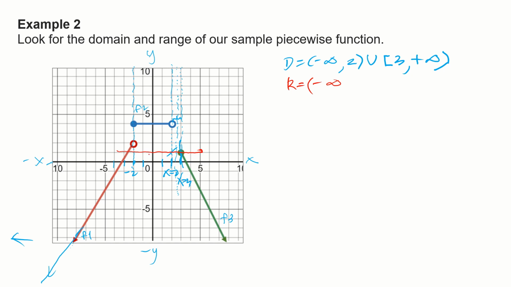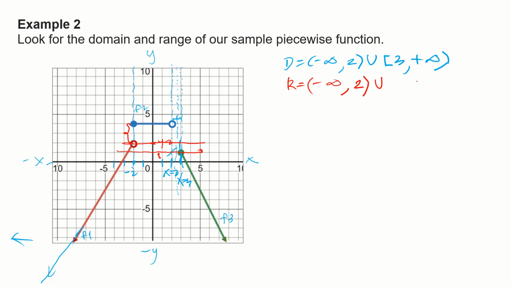Both of them include y is equal to 1. And then at this point, y is equal to 2 is not included. So we write 2 and use parentheses. If we have other values, we create a union of values. From y is equal to 2 until this point, we have a gap.